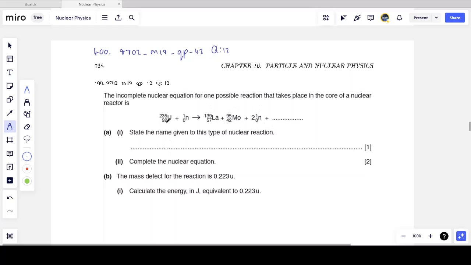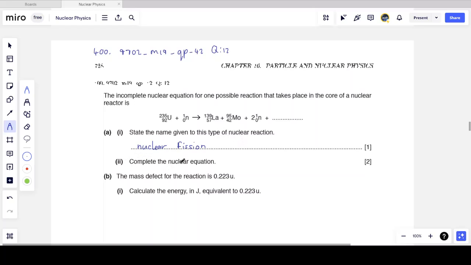And so, because a heavy, unstable nucleus like uranium splits into smaller, lighter nuclei, this reaction is nuclear fission. Please remember the spelling of fission and fusion is important. You shouldn't have one S in fission, nor should you have 2 S's in fusion. So make sure you understand the spelling, because it's easy for a marker to not be too certain. If you write fission with 1 S, it looks like fusion and might be marked wrong.